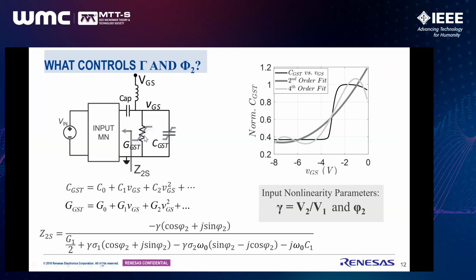In fact, we can do that if we model the input nonlinearity as a polynomial, like the capacitor and the input conductance as a polynomial. And we can find a relationship between the second harmonic source termination as a function of gamma and phi2.